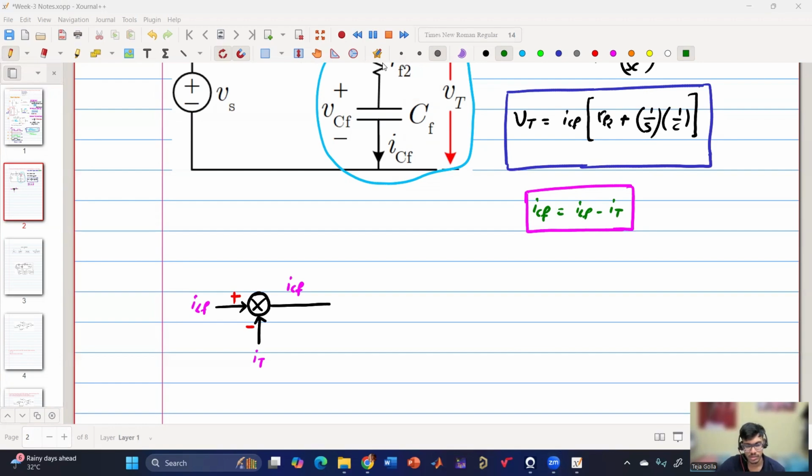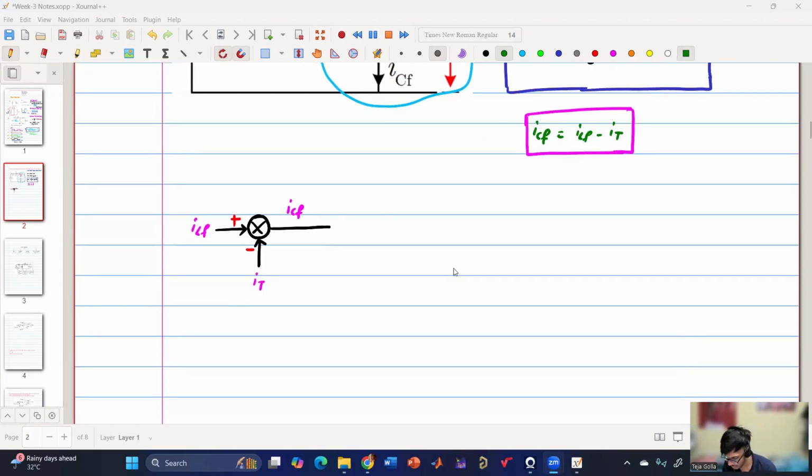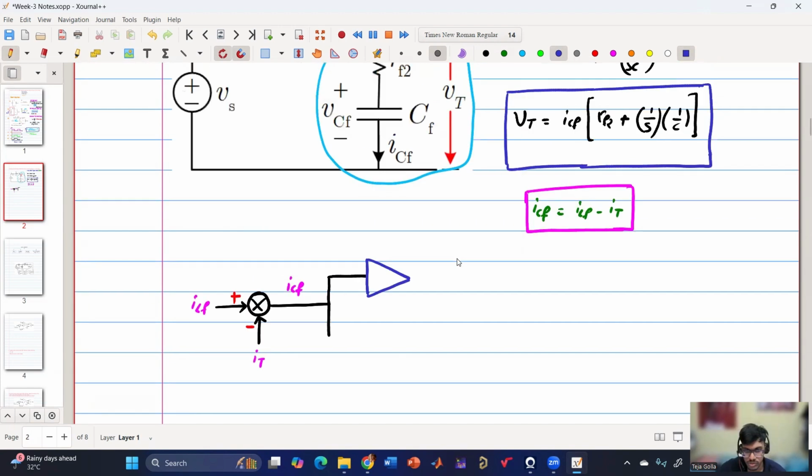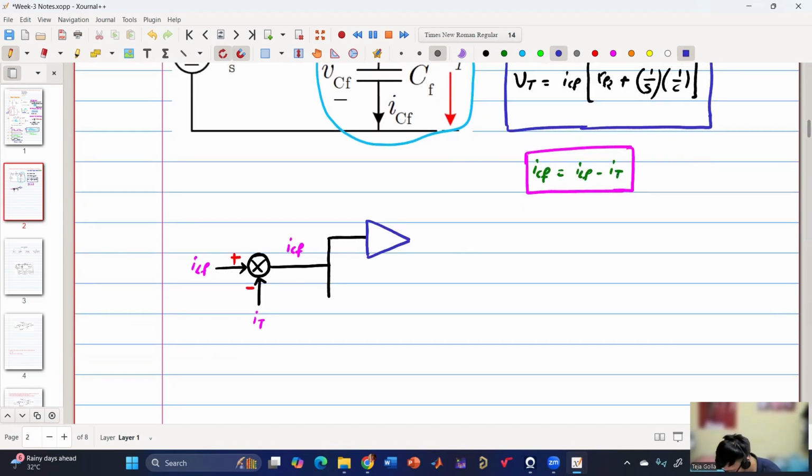Yes. So now ICF is the input and there are two blocks that need to be summed. ICF will be divided into two blocks. In the first block, we have gain, so I am using a different color for gain. We can say RF2.